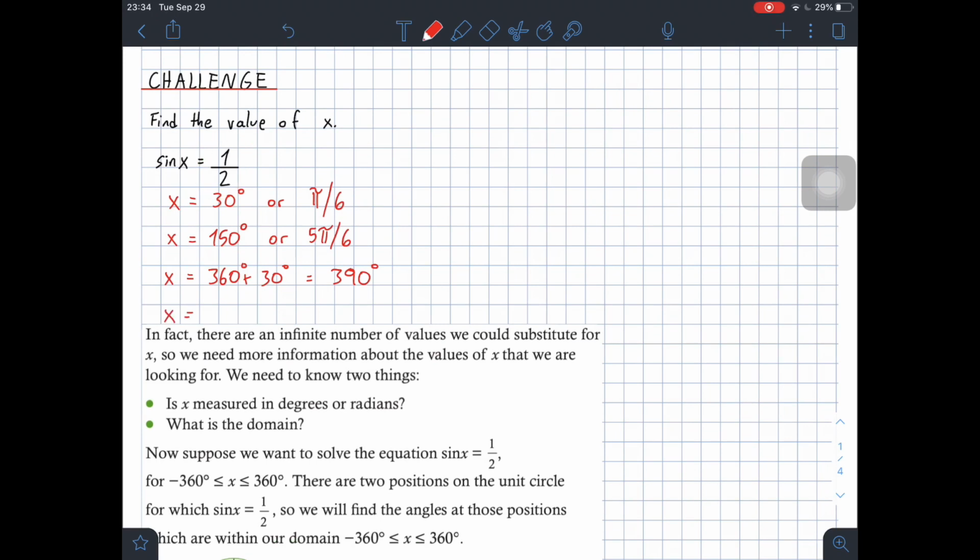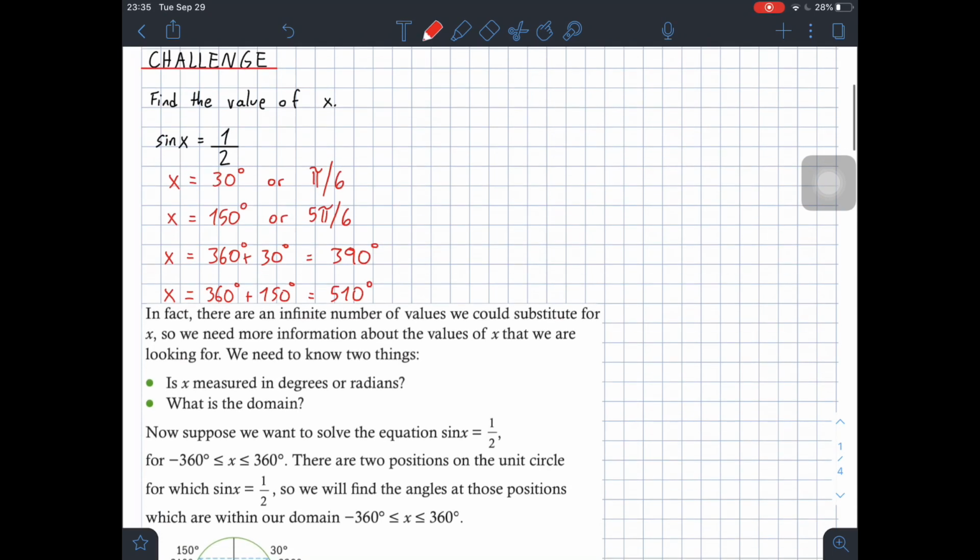For example, if we do 150 plus 360, so 360 degrees plus 150 degrees, that's 510. So if you plug in this value, sine of 510, you would also get 1/2. So see that we actually have infinite solutions. If we keep on adding 360, and so on, we will find many other values of x for which the sine of that angle would be equal to 1/2.